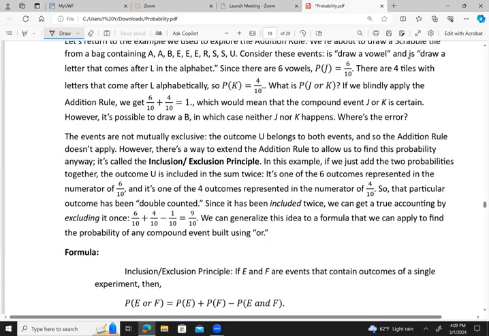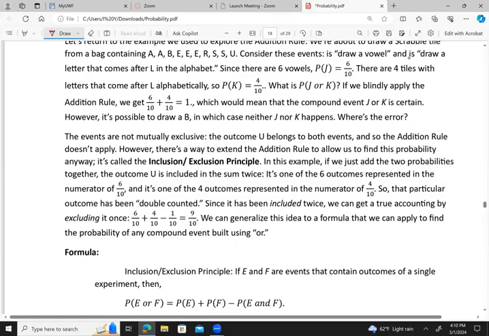In this example, if we just add the 2 probabilities together, the outcome U is included in the sum twice. It's one of the 6 outcomes represented in the numerator 6/10. And it's one of the 4 outcomes represented in the numerator 4/10. So that particular outcome has been double counted. Since it has been included twice, we can get a true accounting by excluding it once.